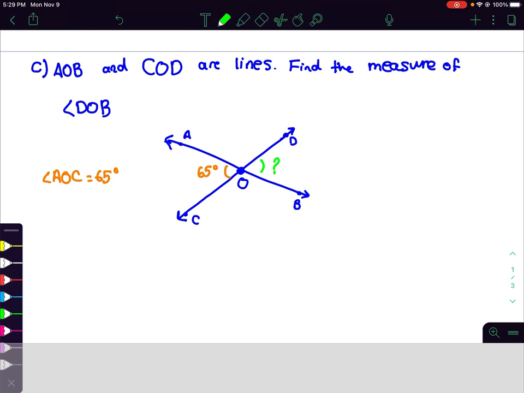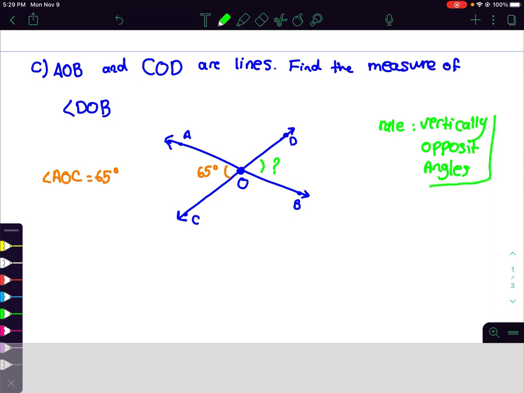Remember, another rule that we learned is about the opposite angles, vertically opposite angles.